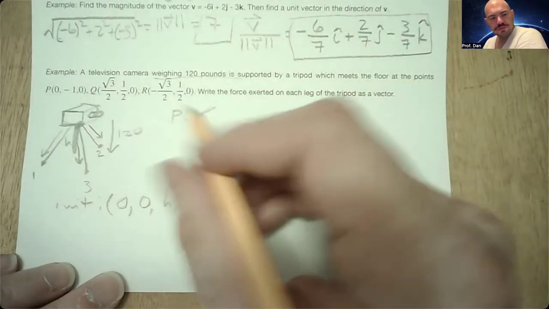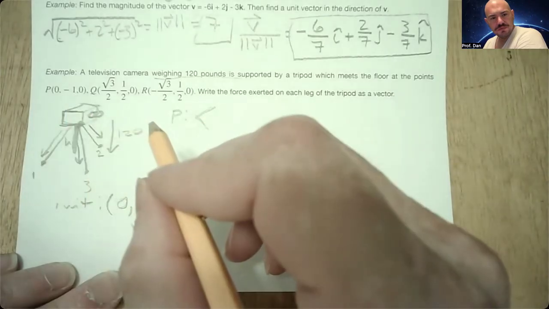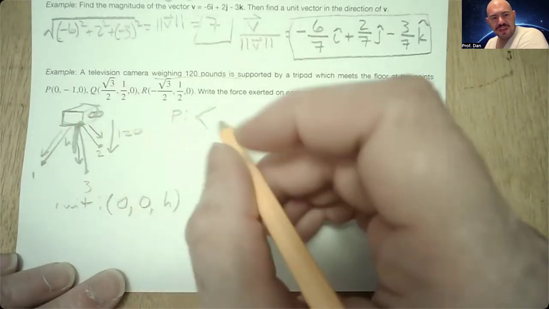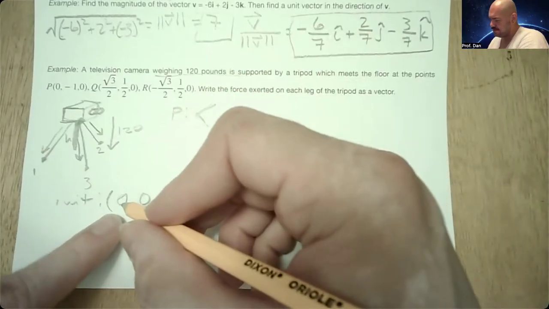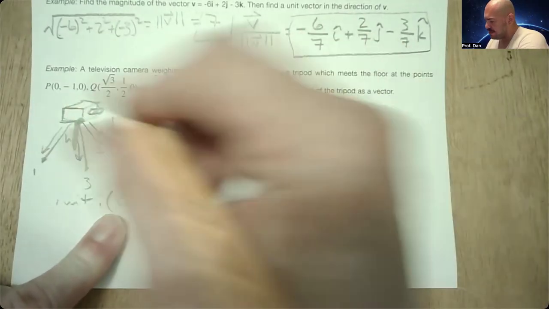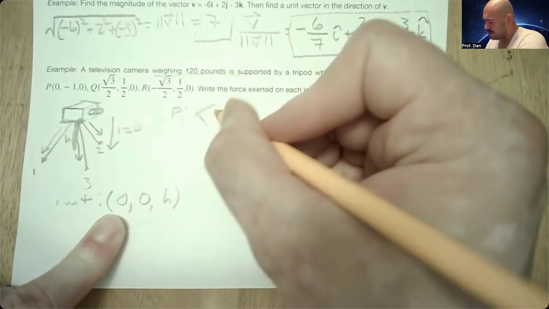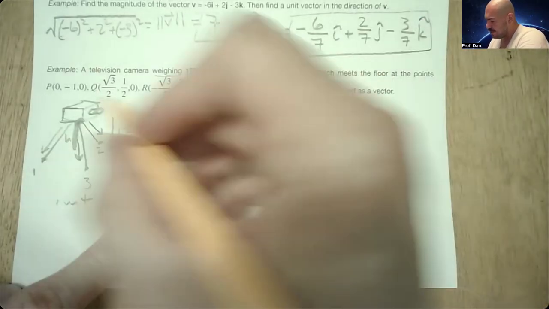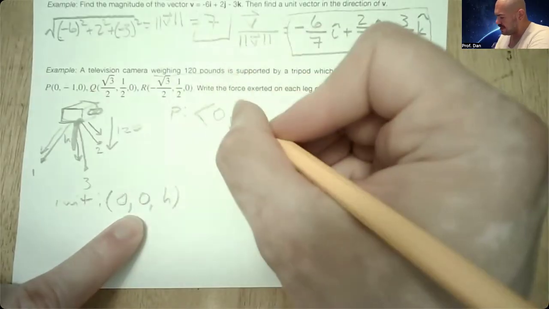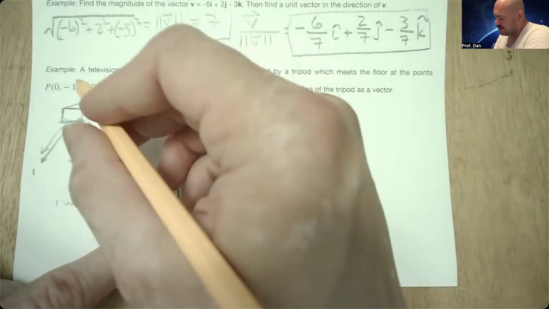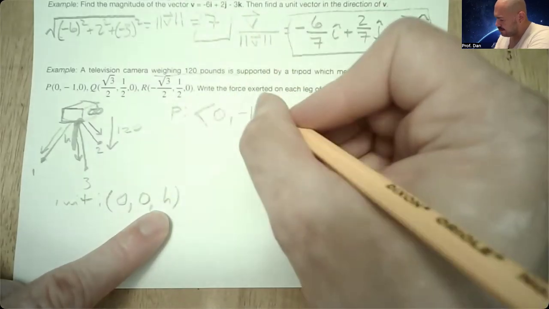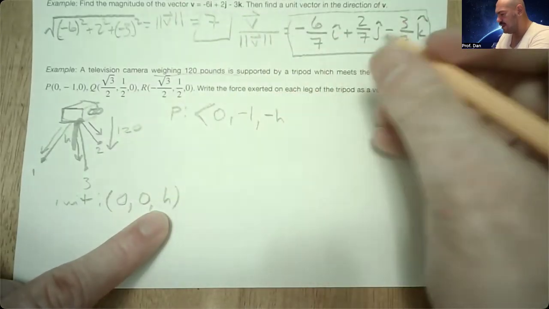So for P, final minus initial: 0 minus 0 gives me 0, -1 minus 0 gives me -1, and 0 minus h gives me -h.